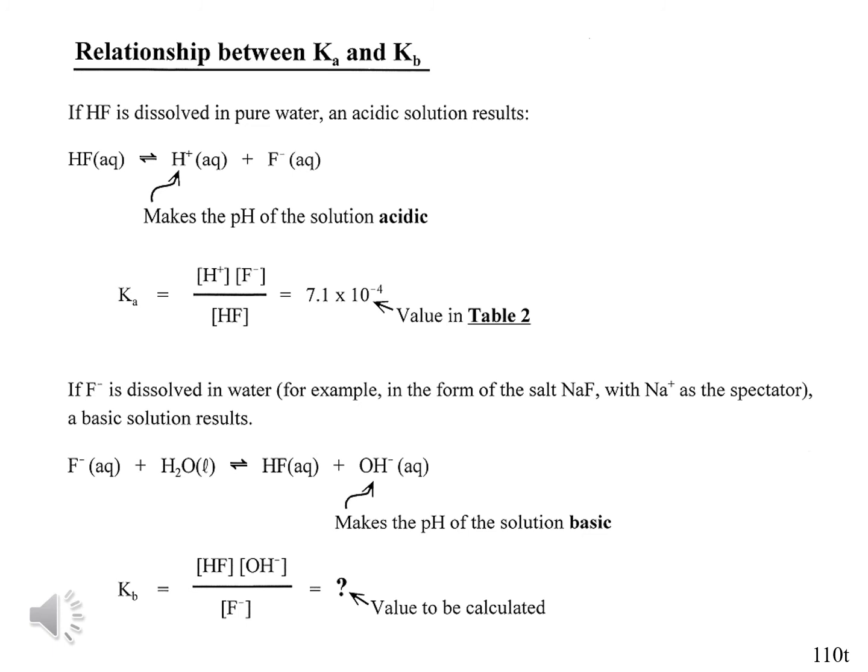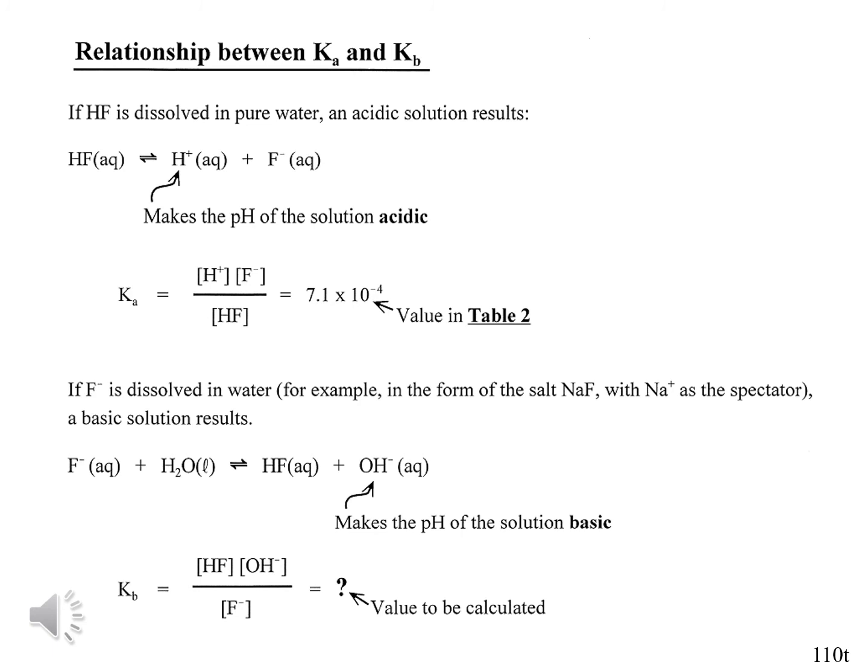But we also know that if you dissolve F- in water, which is what we just looked at in the second beaker on the page, it will give you a basic solution because F- is reacting with water to pull off an H. The reaction that we want for the Kb is not the reverse of the Ka. The reverse of the Ka is when you put F- into an acid. What we want to do is put F- into pure water. And so that's what I'm showing at the bottom of the page.